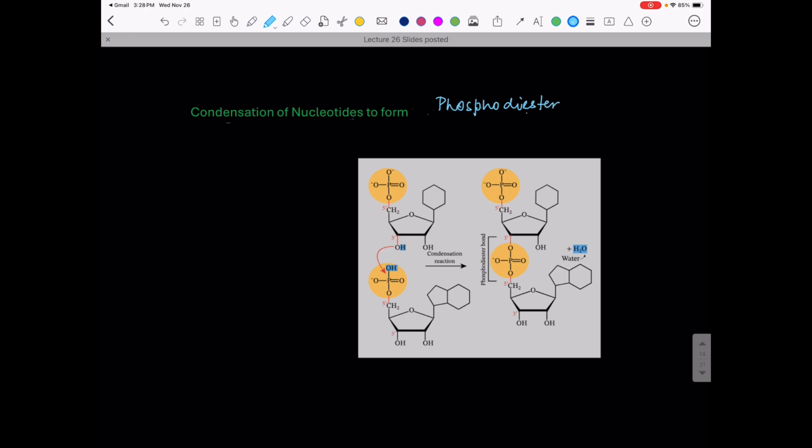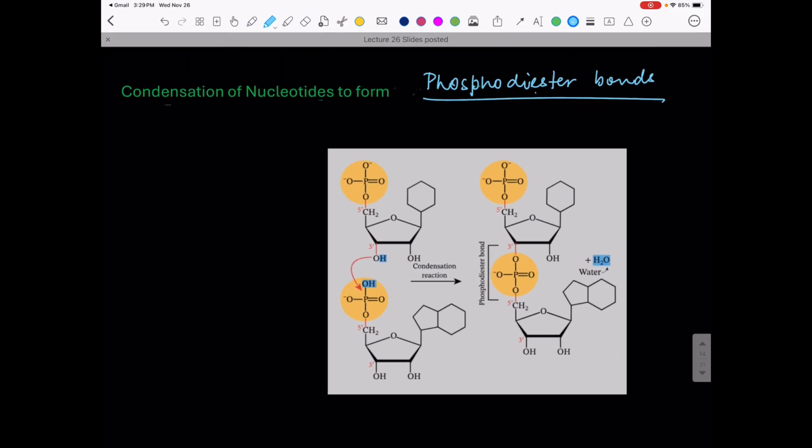There was a mistake on one of the earlier slides that were posted on the Canvas. Please make sure that these are phosphodiester bonds between the nucleotides. And the way these phosphodiesters are formed is when the phosphate group of one nucleotide interacts with the 3' hydroxyl group of another nucleotide.